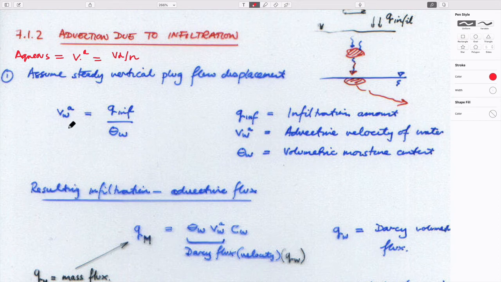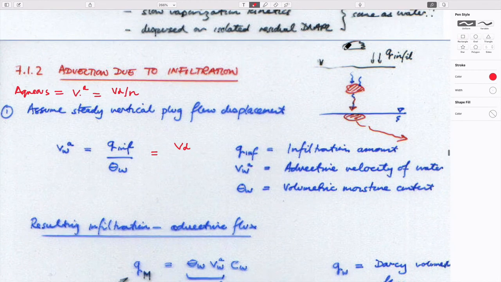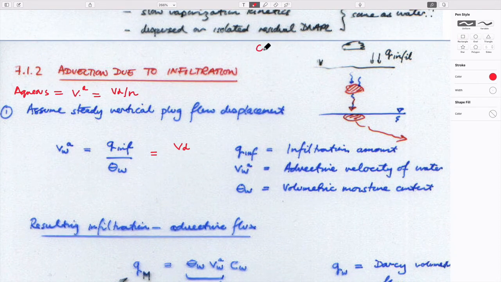So you can imagine the same happening in the subsurface, where the advective velocity is equal to the Darcy velocity, which is infiltration. So this is the infiltration flux, which is a velocity. And so if you get 0.45 meters of rain a year that has to go into the groundwater, then this is like a Darcy flux, right?